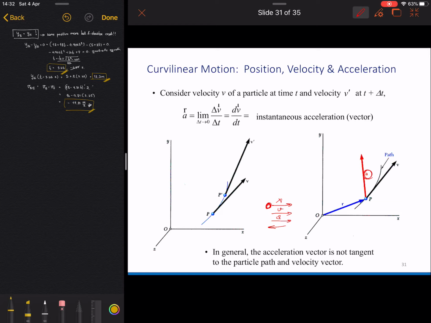But in this case, for curvilinear motion, the acceleration is not supposed to be on the same path as the velocity, because when you move to the next point, your velocity tries to bend here. Okay, as you can see, it means the velocity tends to change its direction. That's why the acceleration here is really inward.